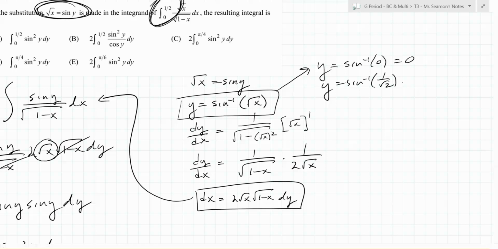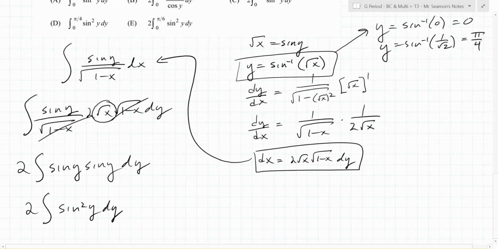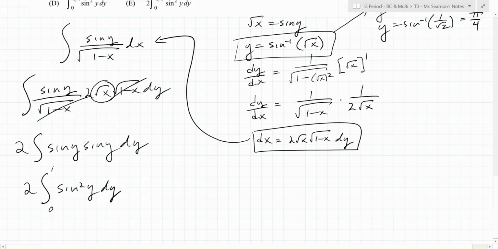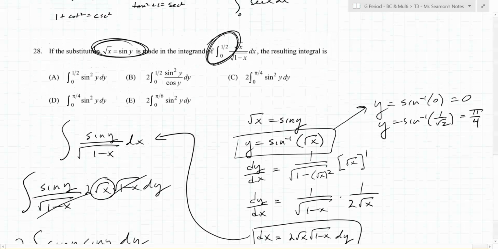The function is a square root right here. So if you plug in a half, what do you get? 1 over root 2. The sine of what is 1 over root 2? Pi over 4. So do we now have our limits of integration? Yeah, we do. 0 to Pi over 4. And is that one of the answers? It sure is.